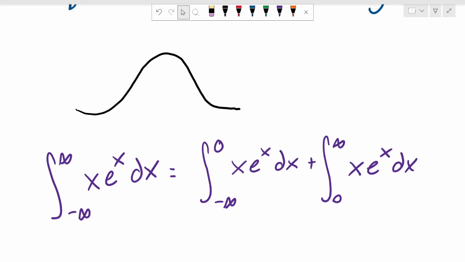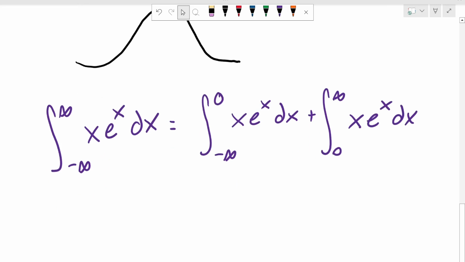In this case, there really wouldn't be an issue with it. If you try to do it that way, you're probably not going to run into any issues. But in general, it's not something that we can assume for any function and for any limit. So just to be safe, we break it up like this, and then we only have to take one limit of each of these.